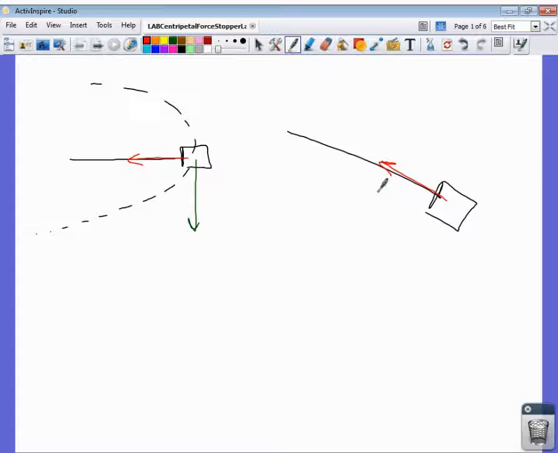So this red force now has a component that goes this way and a component that goes this way. This one causes it to go in a circle. This one balances out gravity so it doesn't fall down. It never could be completely horizontal, because if it was completely horizontal, we wouldn't have that vertical component and it wouldn't stay up.